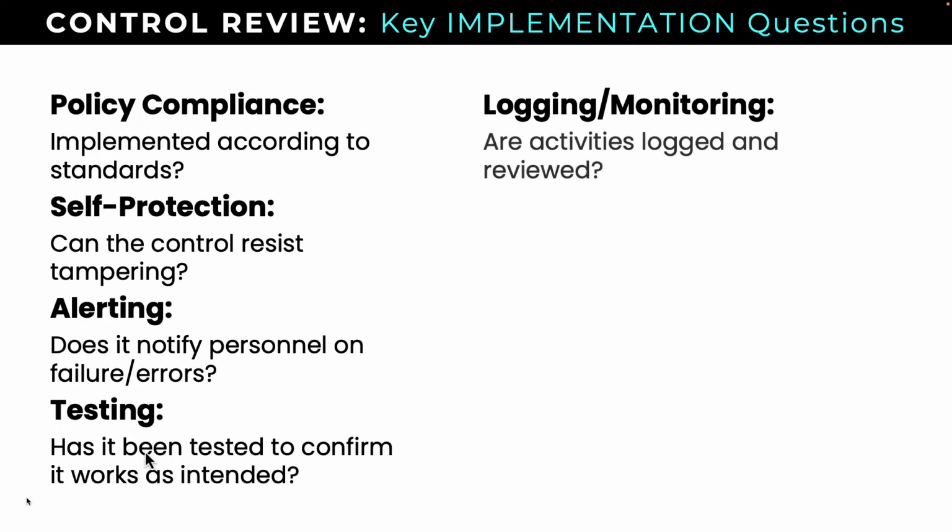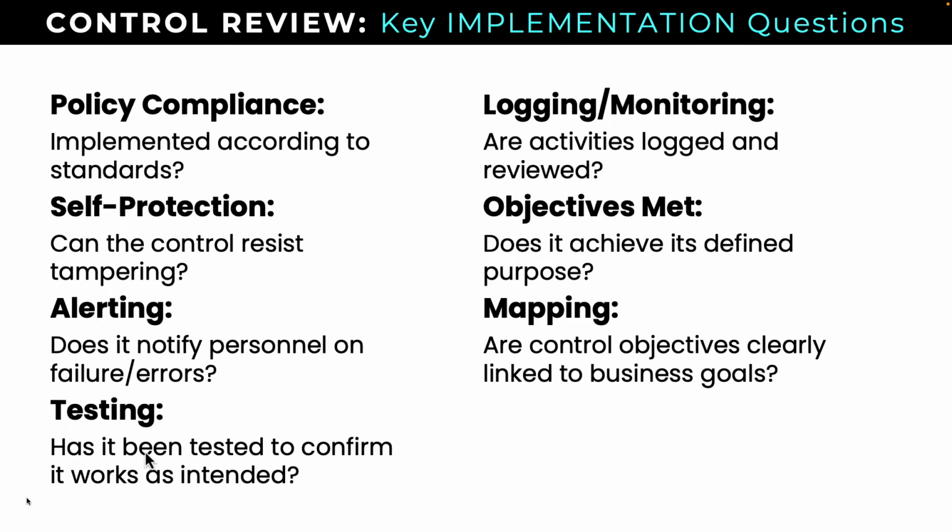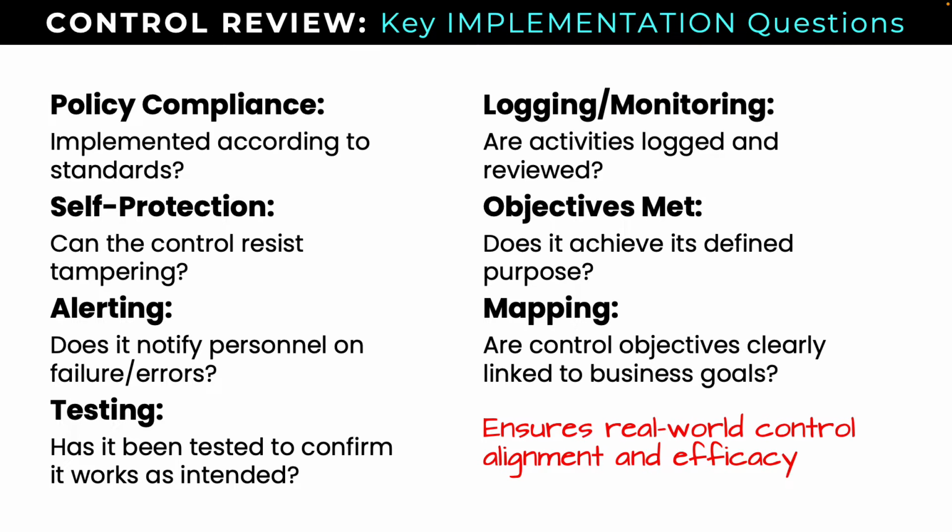Are activities logged and reviewed? Do we have an audit trail there of configuration changes? Does it achieve its defined purpose? Has it met the control objective? Mapping. Are control objectives clearly linked to business goals? Asking these questions ensures real-world control alignment and efficacy.